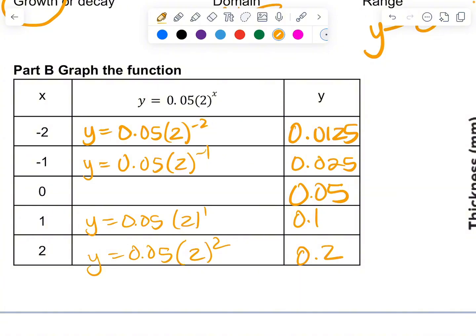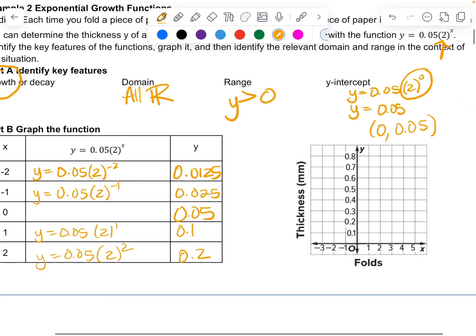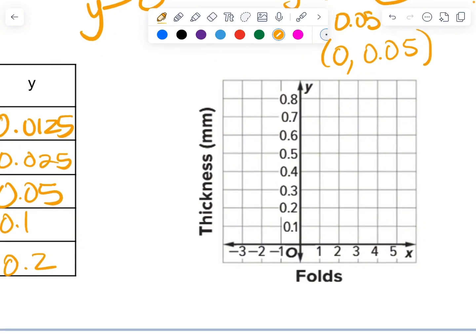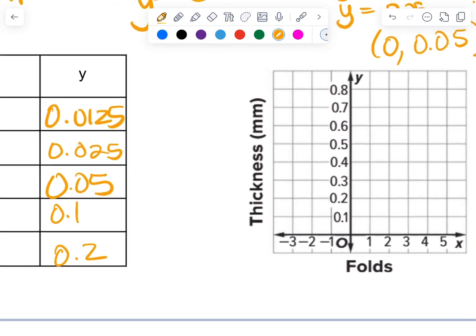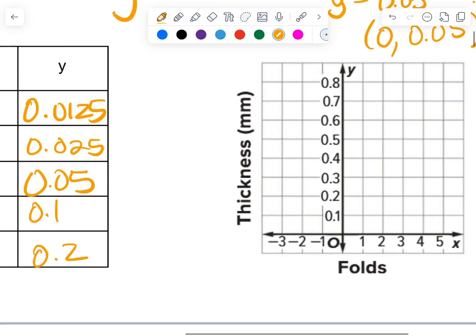Okay, so then it wants us to graph it. So if I graph it, negative 2 is at 0.0125. So here. And negative 1 is at 0.025. Oh, no. I'm forgetting the first 0. Sorry about that, guys.